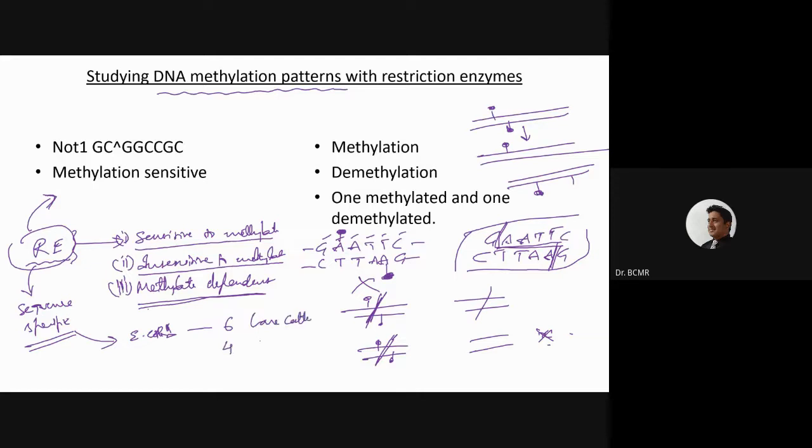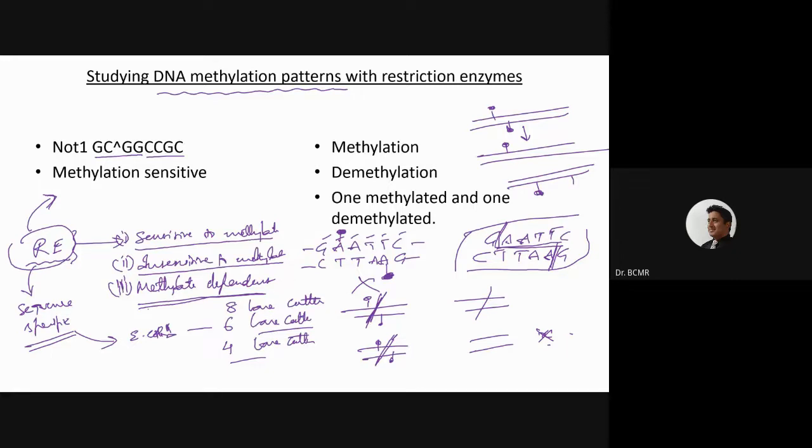There are some others which are 4 base cutters, and there are others which are 8 base cutters. NotI, for example, is an 8 base cutter. EcoR1 is a 6 base cutter. DpnI or Sau3A is a 4 base cutter. You don't need to memorize all these things, but I want you to remember the principle and your skills in interpreting the data. Okay?